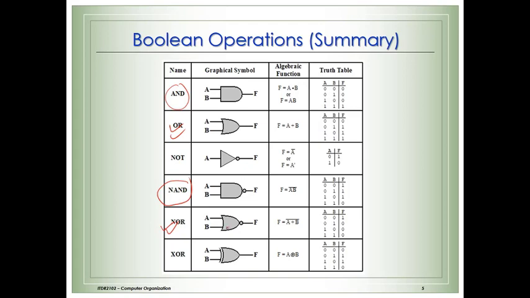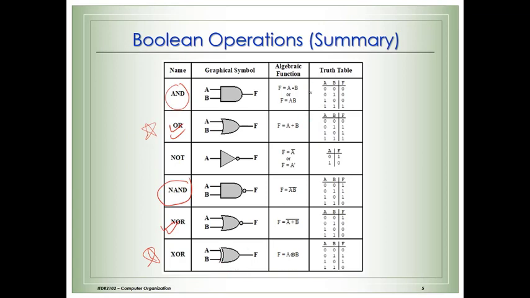So first you perform OR, then NOT. Here you perform AND, then NOT. And exclusive OR is somewhat similar to OR. Looking at the graphical symbol, it's OR, but one additional curve is there that represents exclusive OR.